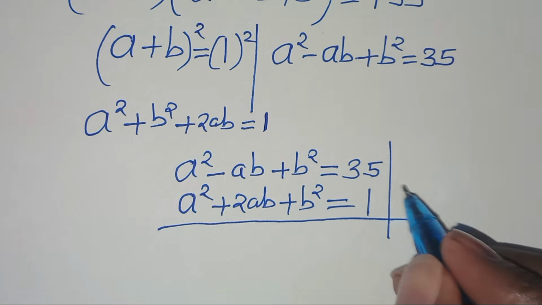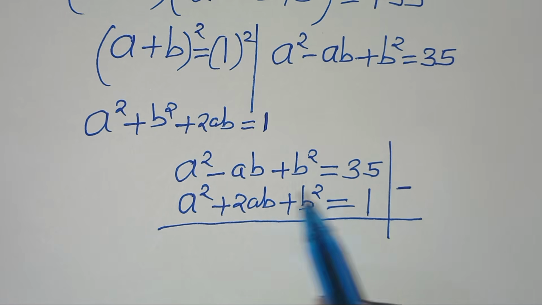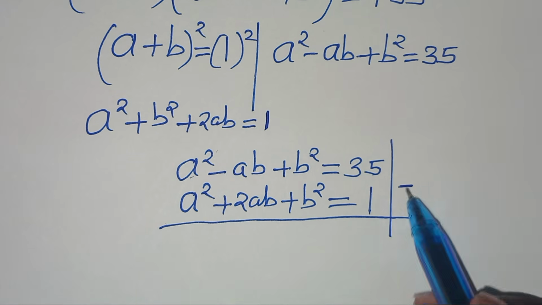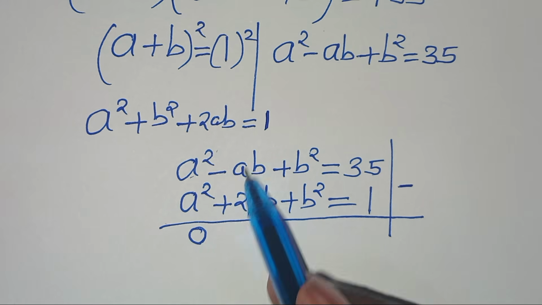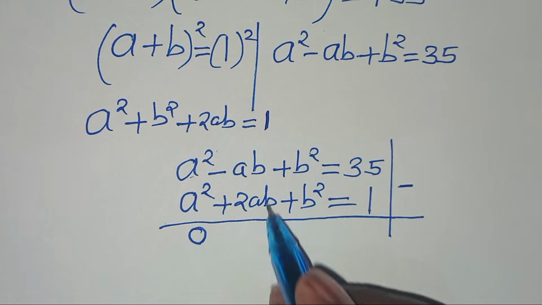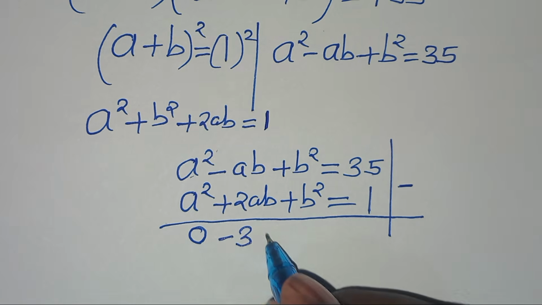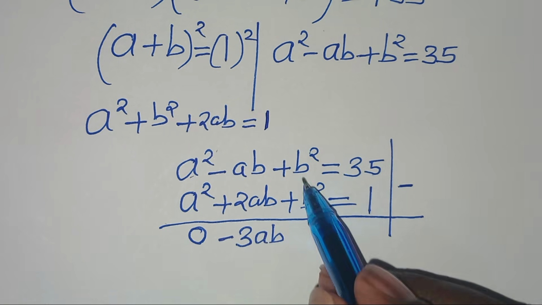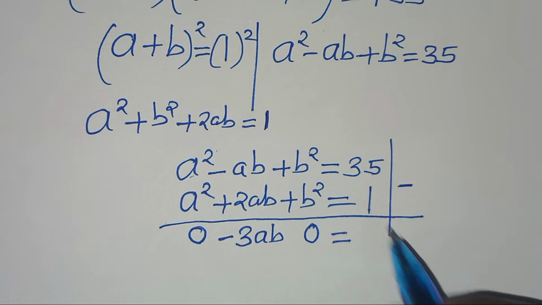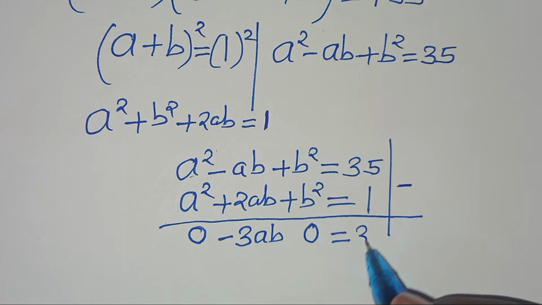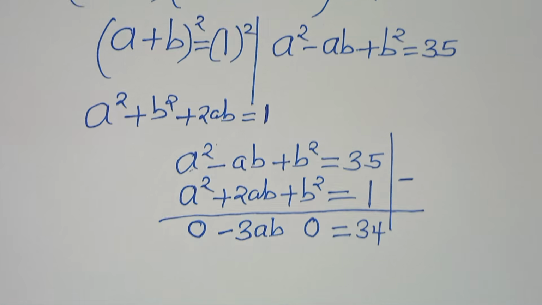Let's subtract them. a² − a², this is 0, −ab − 2ab, this is −3ab. Then b² − b², this is 0, and this is equal to 35 − 1, which is 34.